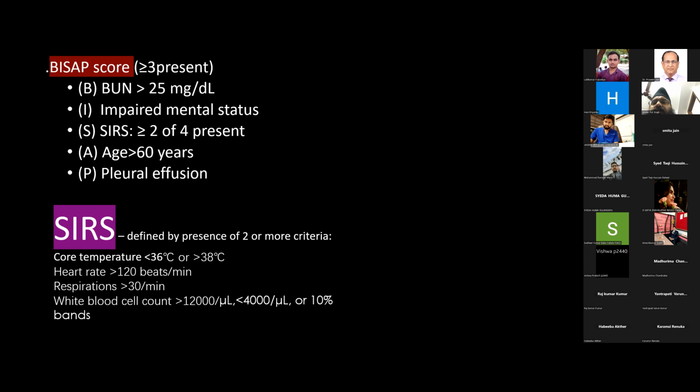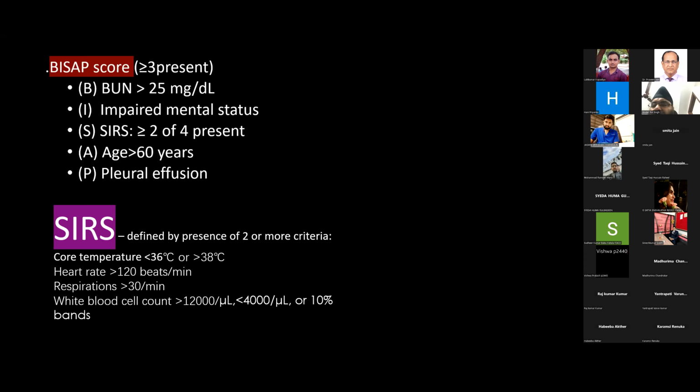Systemic inflammatory response means they have 4 features, of which 2 or more make it SIRS: core temperature less than 36 or more than 38, heart rate more than 120 beats per minute, respiration rate more than 30 per minute, and white cell count more than 12,000 or less than 4,000. In these 4, if there are 2 or more, it is known as systemic inflammatory response syndrome.